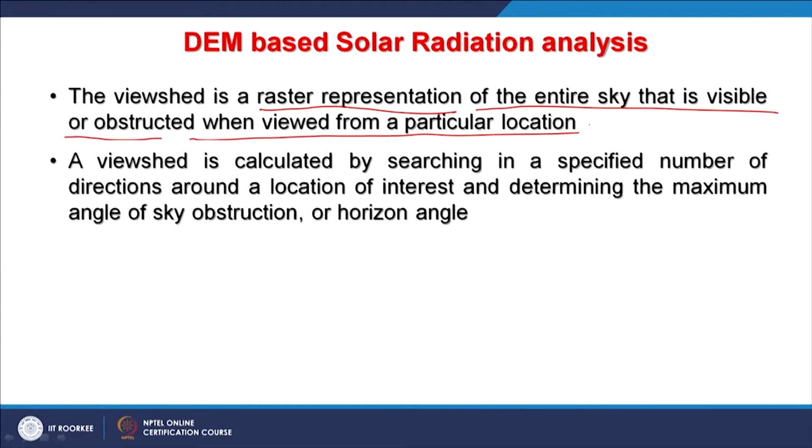Now, this viewshed is calculated by searching a specified number of directions around the location of interest. One can search the entire sky or search in a particular direction, and this determines the maximum angle of sky obstruction and the horizon angle also. Whether parallel to the horizon you can get the signals or energy, generally it's not possible.